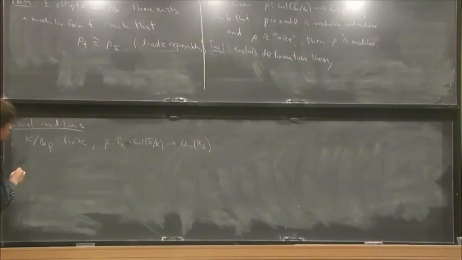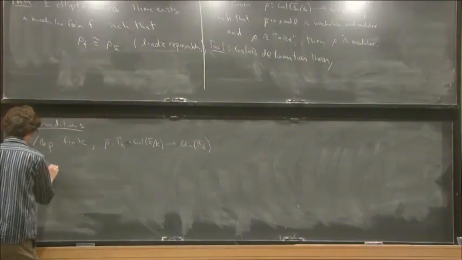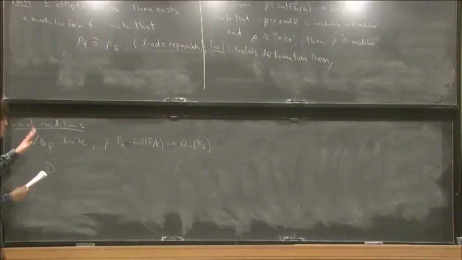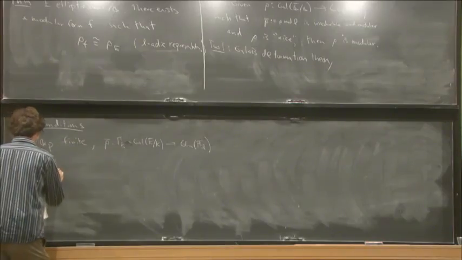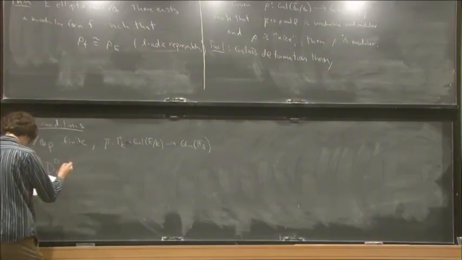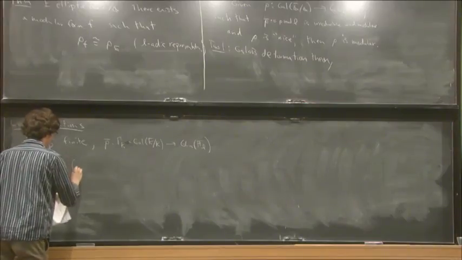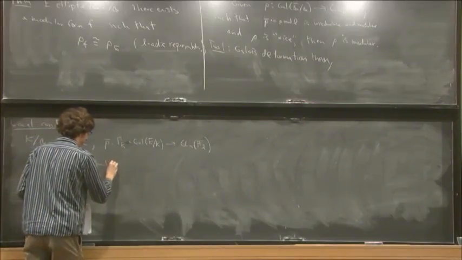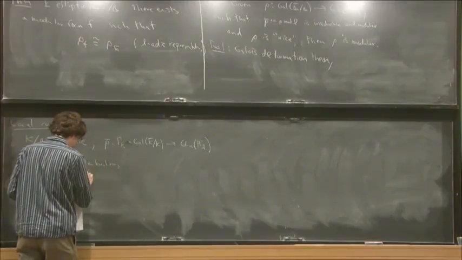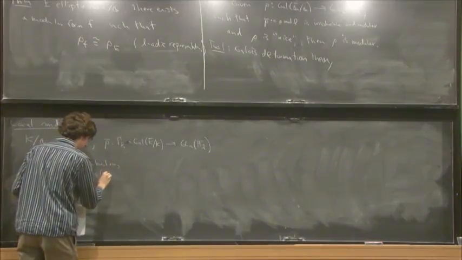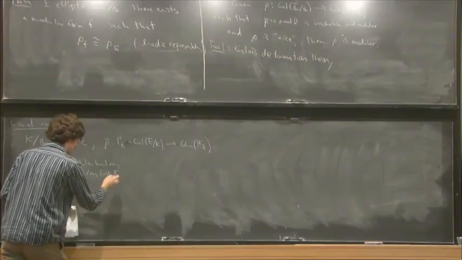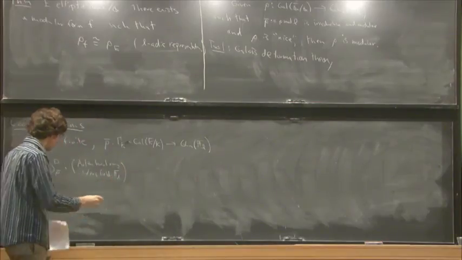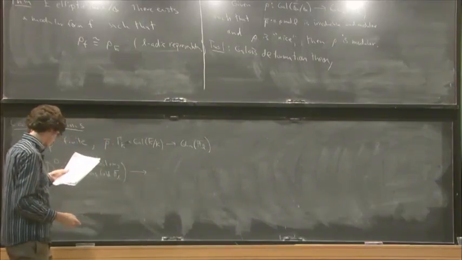So recall that, to formalize Galois deformations, the deformation functor D of rho bar assigns to any Artin local ring A with residue field, which is really just the residue field F_L, the set of lifts of rho bar.